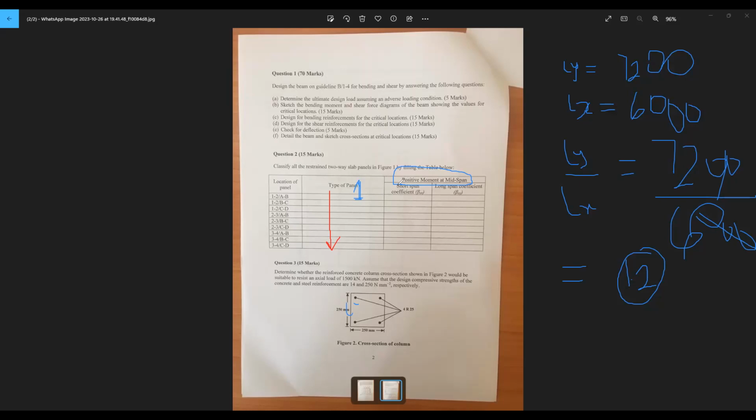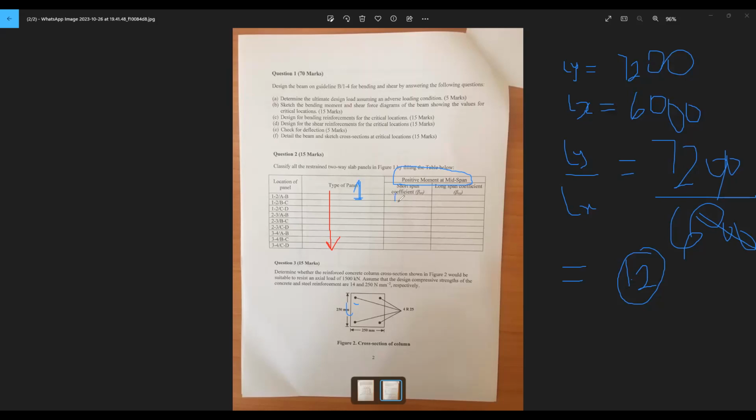Then you look on that row, you check under the column of 1.2 where they are meeting. You will see we have a value of 0.047 as the positive moment at midspan. And that is the value we are looking to put at the short span coefficient for panel 1, 12AB. That's what I mean.